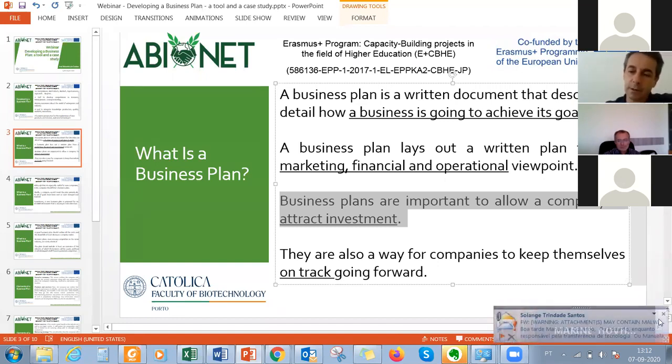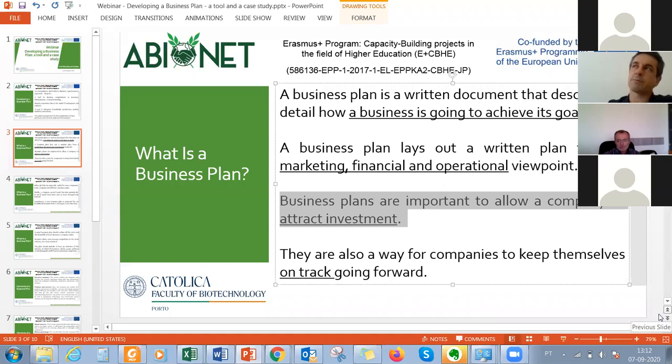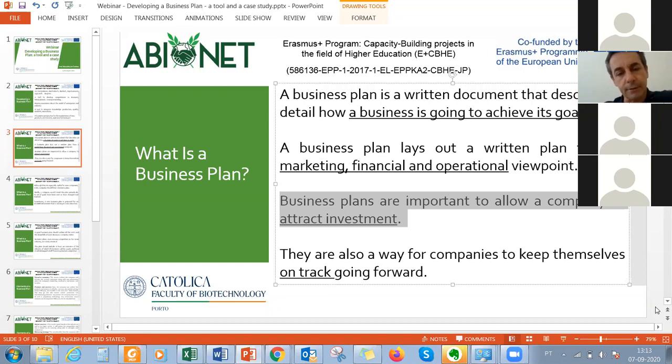But in the end, we don't expect a perfect document in economic terms. We expect a blend of contents from economics and from the background areas of the students.